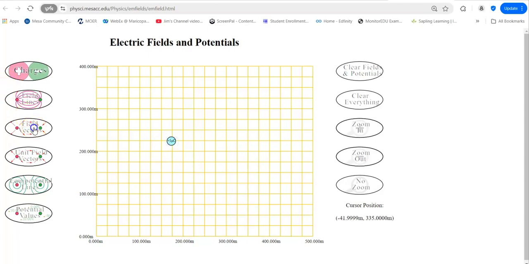If I put an electric field vector exactly 3 units away, you get something that looks like that. A little itty bitty vector. And notice it's pointing radially away in all directions.